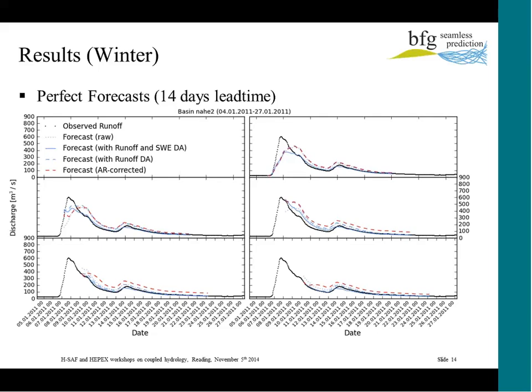This is due to the fact that we don't have any information about this melting event at this point, which is the start of the forecast. However, you can see that the open loop simulation or forecast is well in line with the autoregressively corrected one, as well as with the forecast which is based on assimilated runoff.